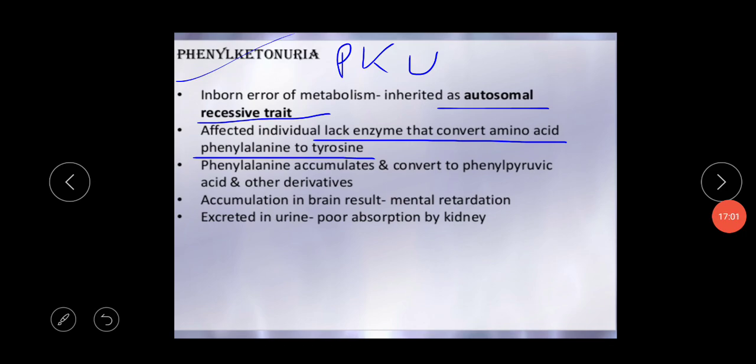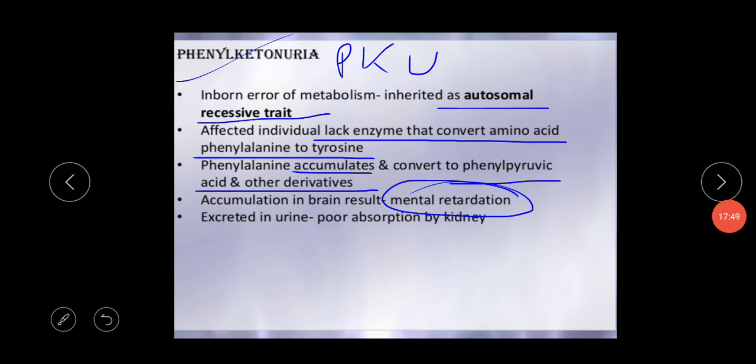The lack of this enzyme, which is needed for the breakdown of the amino acid phenylalanine into tyrosine in the liver, means phenylalanine accumulates and gets converted into phenylpyruvic acid and other derivatives. Their accumulation in the brain leads to mental retardation. This is the symptom.